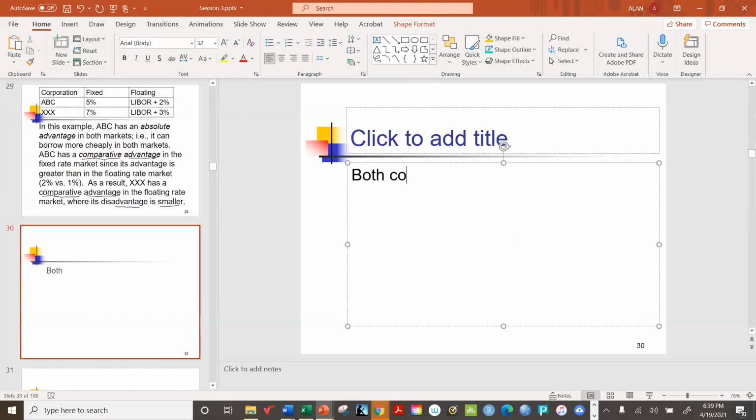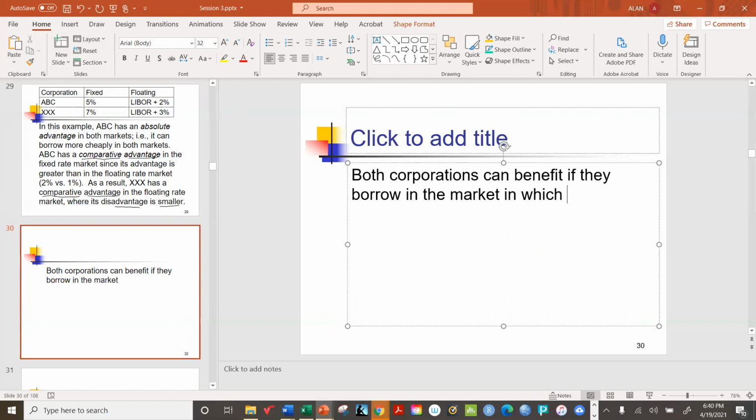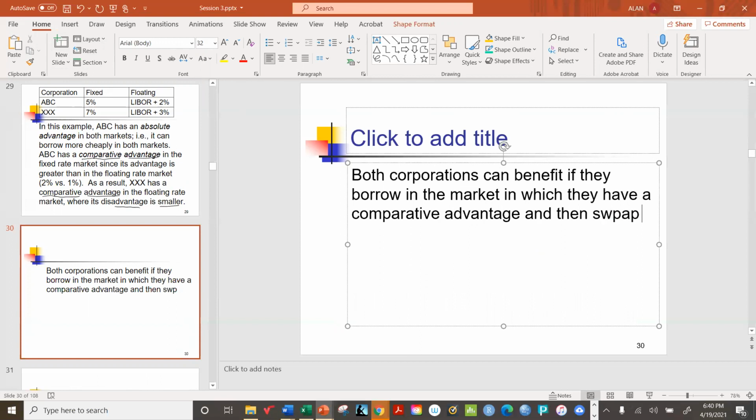Both corporations can benefit if they borrow in the market in which they have a comparative advantage and then swap the proceeds with each other.